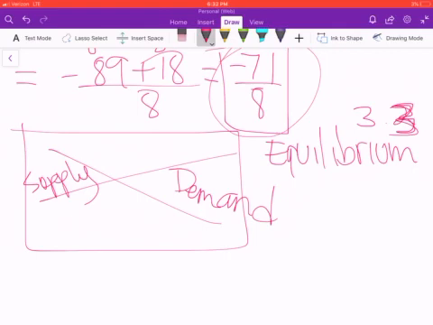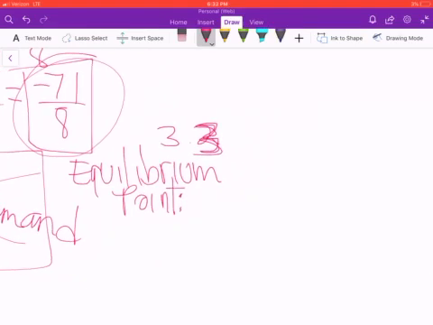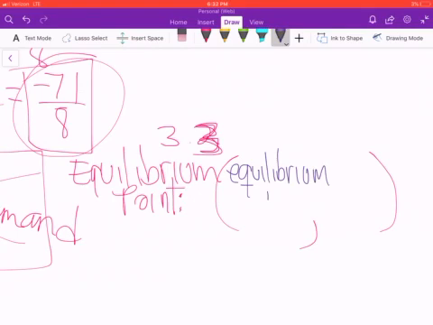And so if you look for the equilibrium point, that's what it's called. And so the equilibrium point, of course, is a point. It has x and y coordinates. The first one tells you the equilibrium quantity, and the other one tells you the equilibrium, I can't spell, price.